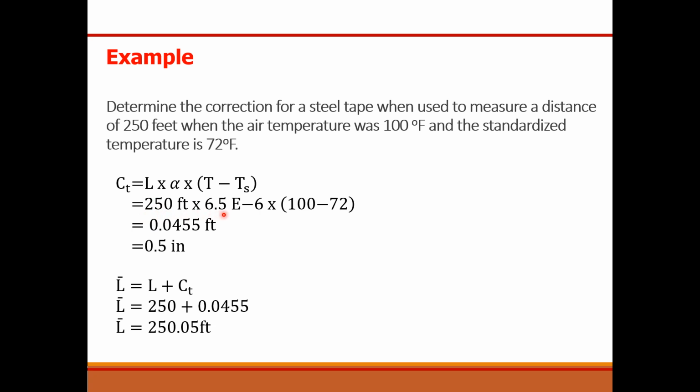L is equal to 250 feet, alpha is equal to 6.5 into 10 raised to the power minus 6 when we talk about the values in feet, multiplied by 100 Fahrenheit temperature is given and the 72 degrees Fahrenheit standard temperature. You will get the value of 0.0455 feet or 0.5 when taken in inches. L bar is equal to L plus CT and you will get the required corrected value.